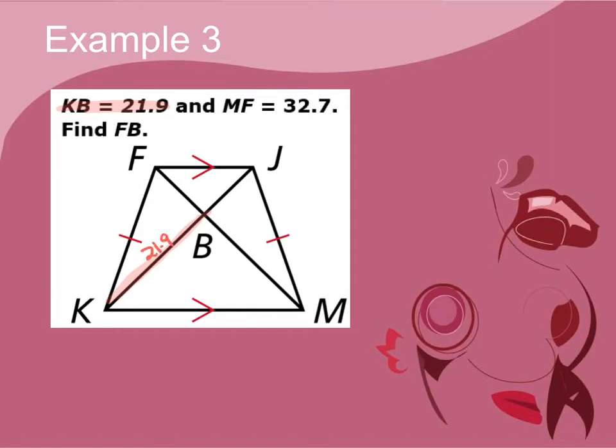MF, the whole thing, is 32.7. It wants me to find this little piece of the blue line.